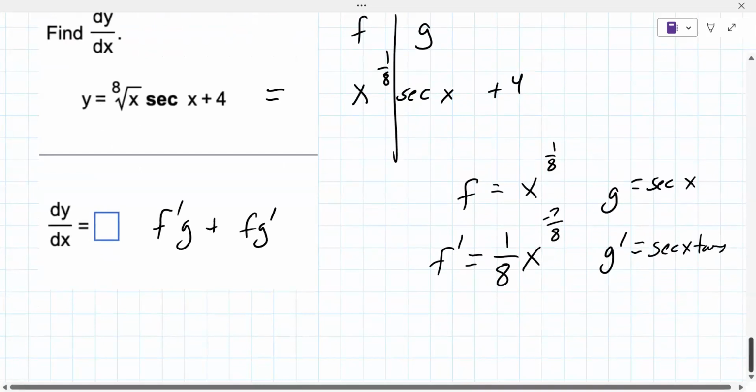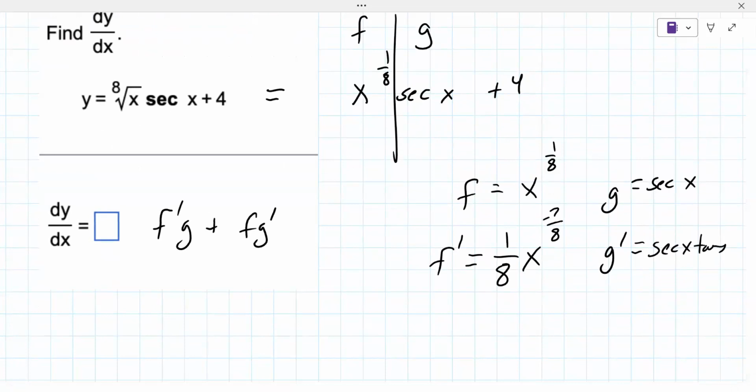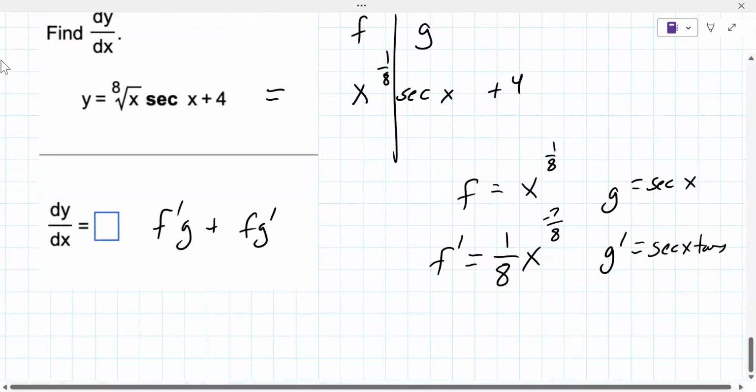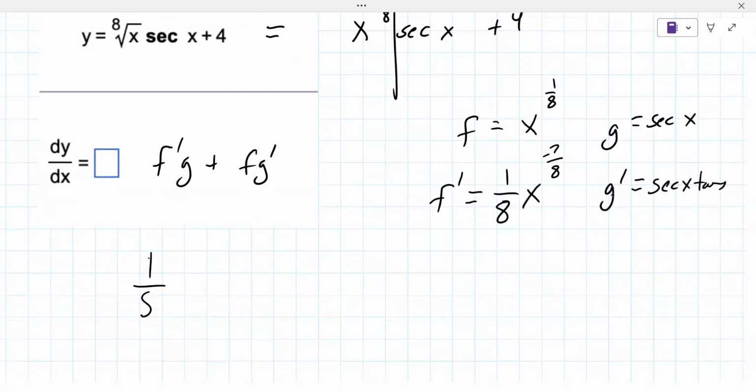Product rule you got to know, quotient rule you got to know, chain rule you got to know. You got to know them all. The order they appear doesn't really matter because you're adding. You can flip it a little bit. So you're basically pairing them up diagonally. So it's 1/8 x to the -7/8 secant x plus x to the 1/8 secant x tangent x.